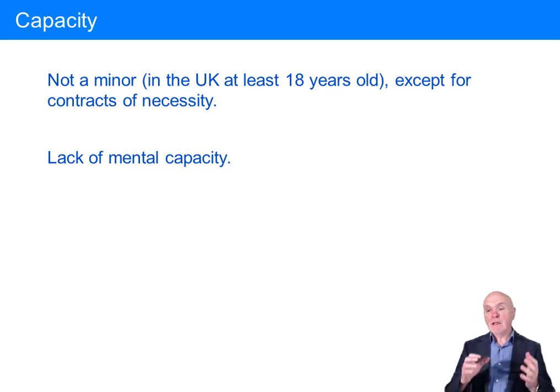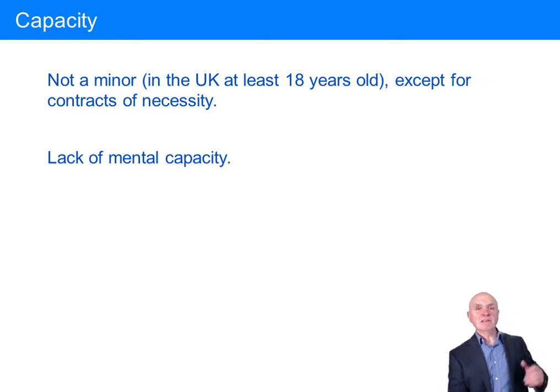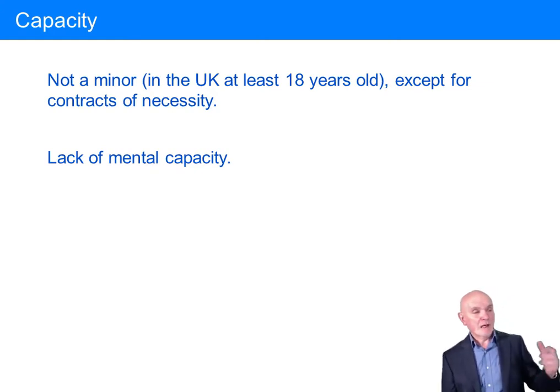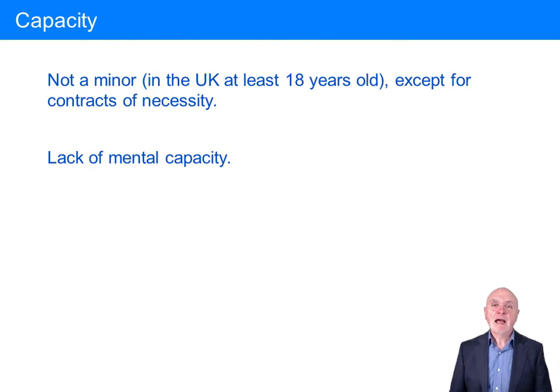So if you left home for university, 17 years old, living on your own, and you go into a supermarket and buy some groceries, and they ask you for the money, you can't say the contract is unenforceable, because buying food is a necessity.